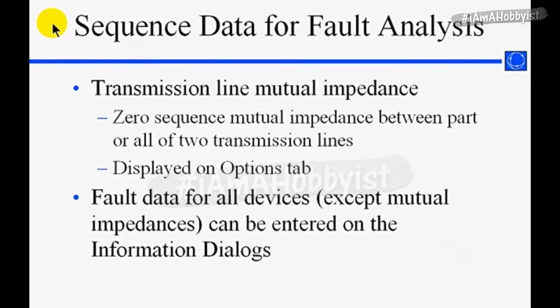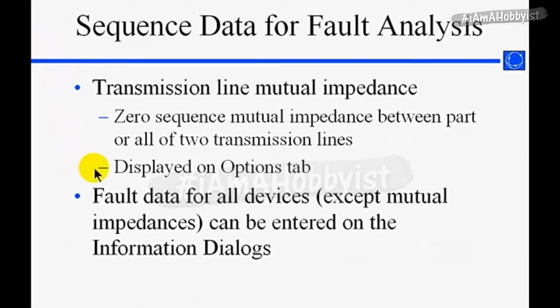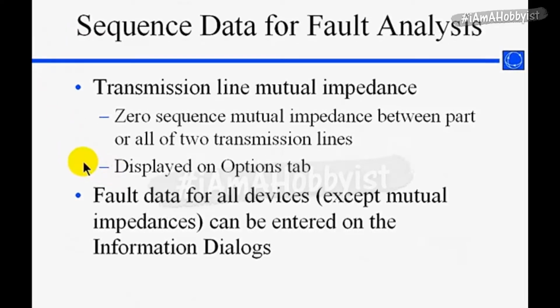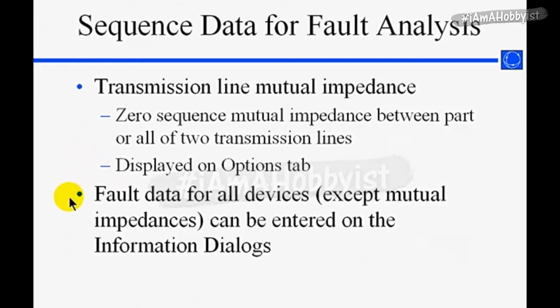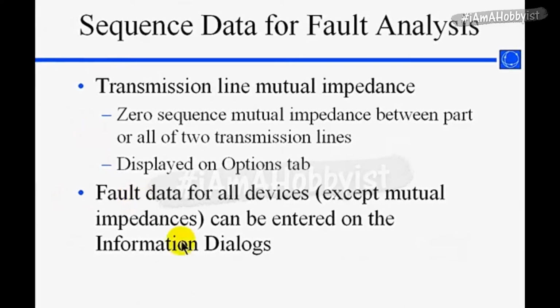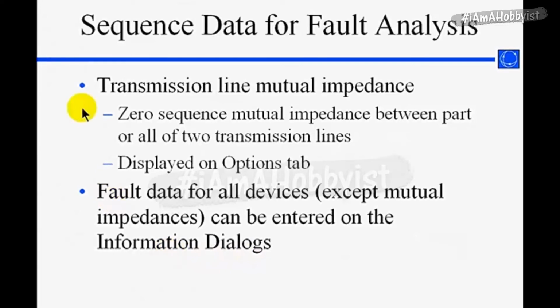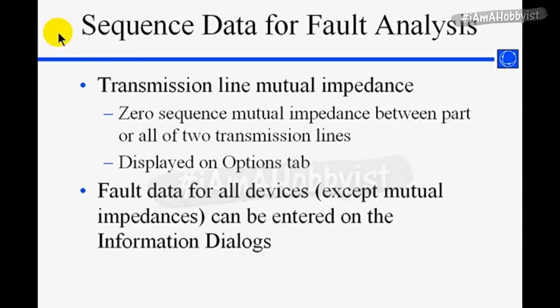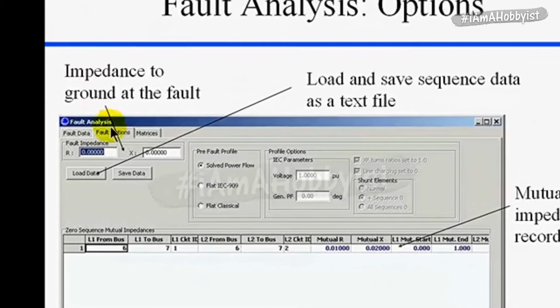Any mutual impedances between transmission lines are shown on the Fault Analysis Options tab. And as we saw, the fault data for devices except for the mutual impedances can be entered on the information dialogs or through the Model Explorer underneath the Fault Inputs folder. Here is a summary of the features available on the Fault Options tab.